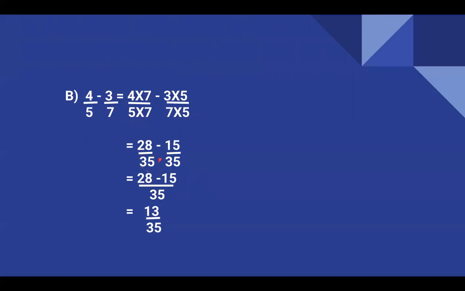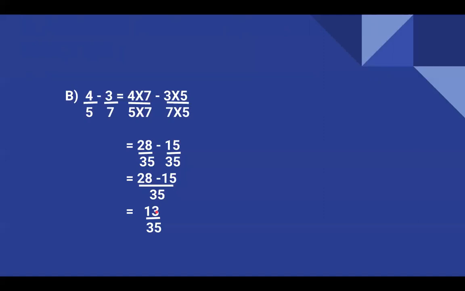And if you observe, now the denominators are equal. So you can apply the previous rule to get the answer. That is 28 minus 15, and as the denominator is the same, you write it down only once. So you will get the answer is equal to 13 upon 35.